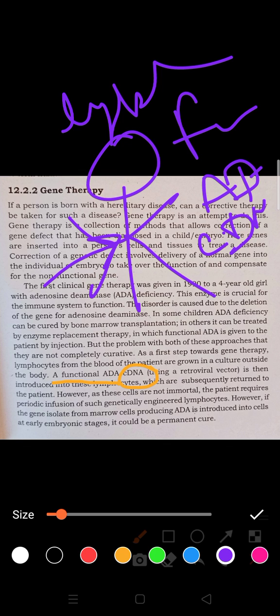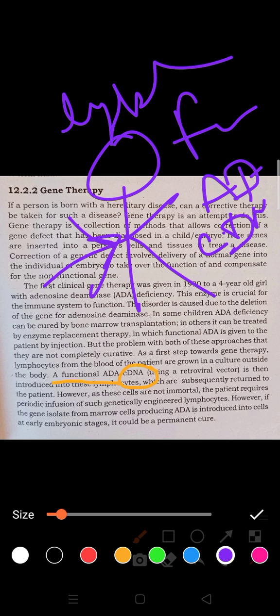Okay, I hope this is clear. But as I told you, it can be curable. There is a permanent solution if we identify the disorder in the early embryonic stage, and treatment has to be given at that time. So children, if a gynecologist identifies any kind of chronic disorder during the ultrasound of an unborn baby, then the gynecologist suggests a Doppler type of ultrasound.